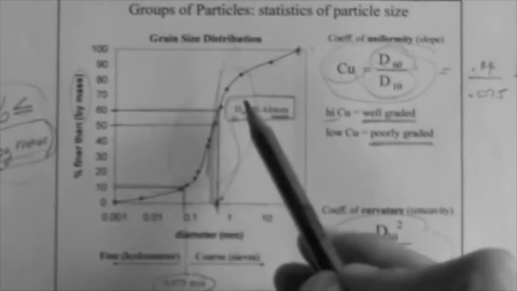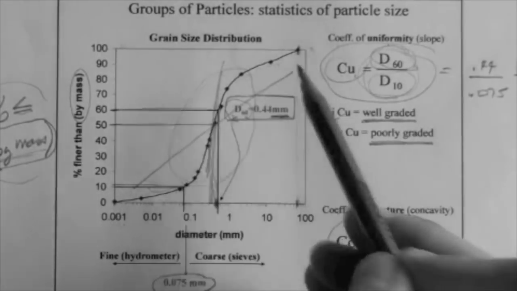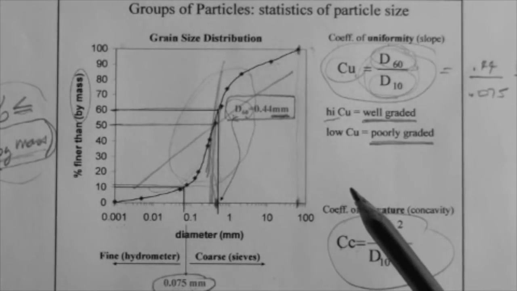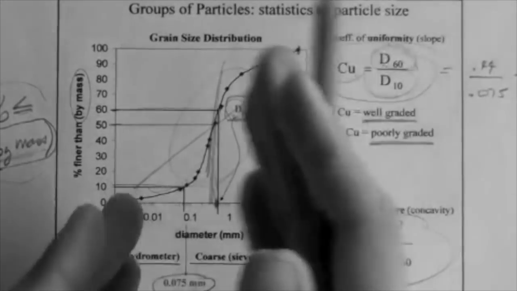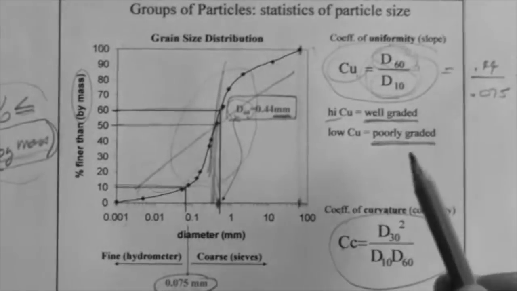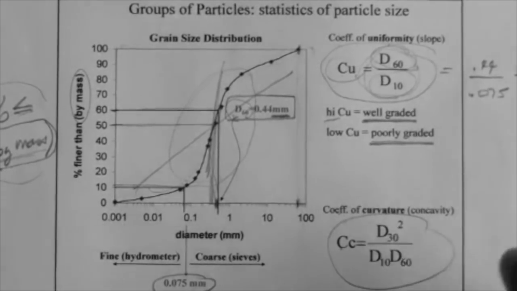If you have a high Cu, then this value is very different than this value, so the slope is less pronounced, and if that slope is less pronounced, you have a wider range of sizes that is well graded. Okay, there's many sizes in that soil.